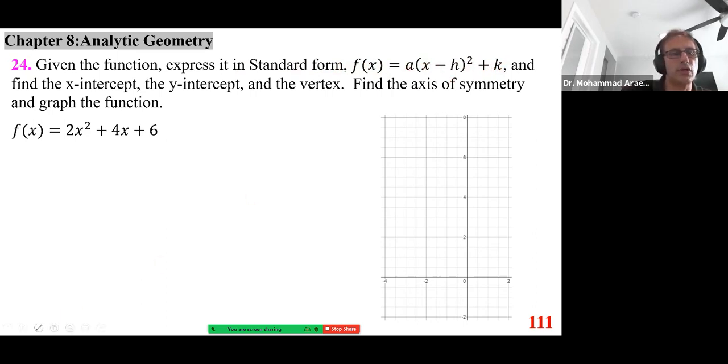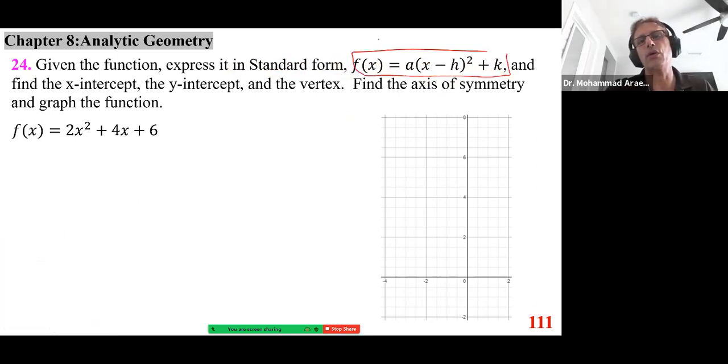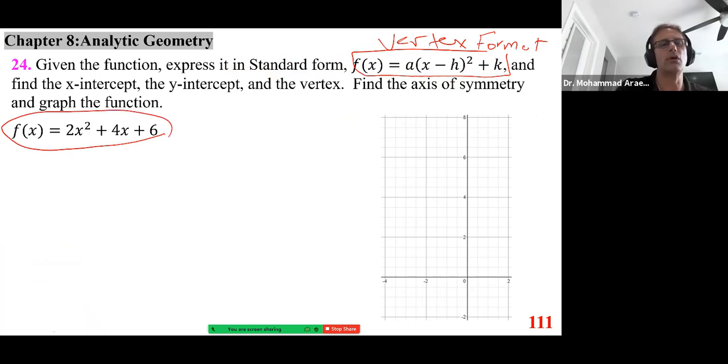So I'm going to make sure everybody understands what we mean when we mention something. This is really what I call the vertex format. Some people call this standard. Believe it or not, some people call this one standard. It doesn't matter. It's just terminology. You want to make sure you know the concept. So with that being the case, what do we do?